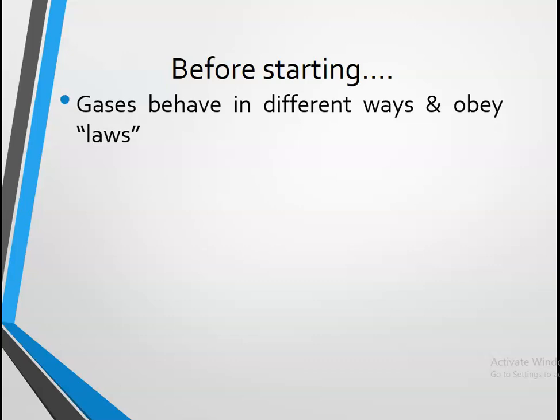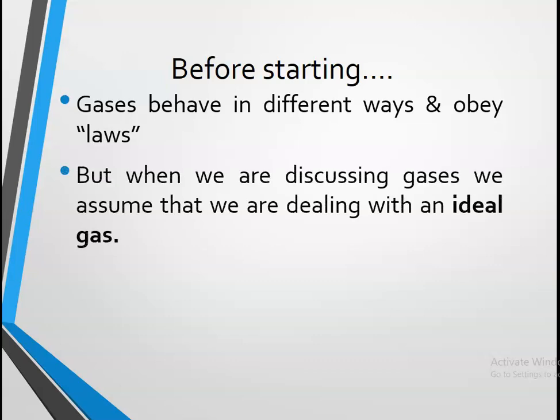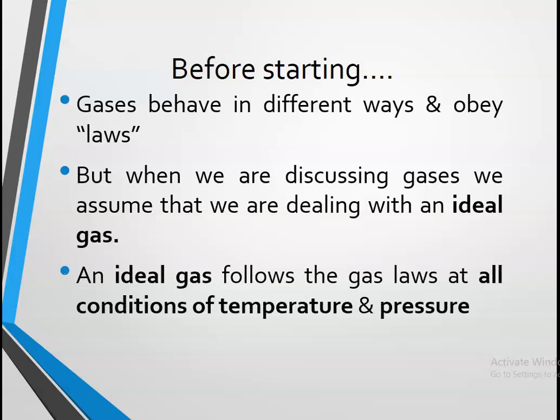Gases behave in different ways, and they obey mathematical laws. But when we're discussing gases, we're assuming that we're always dealing with what we call an ideal gas. And an ideal gas basically just obeys all of the laws at all conditions of temperatures and pressures.